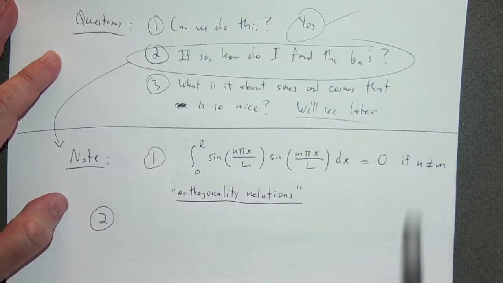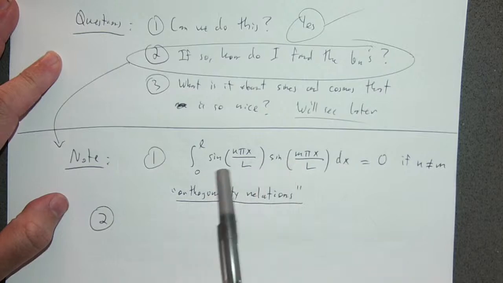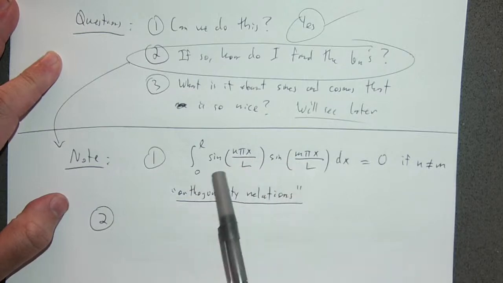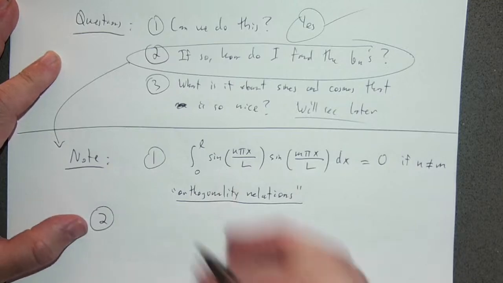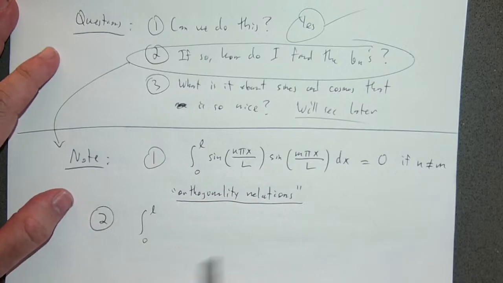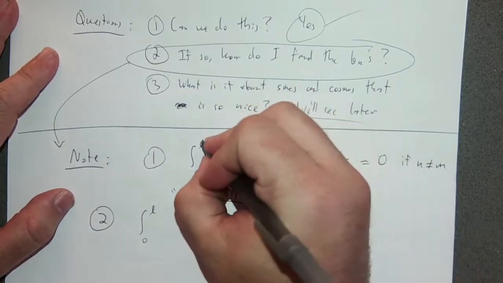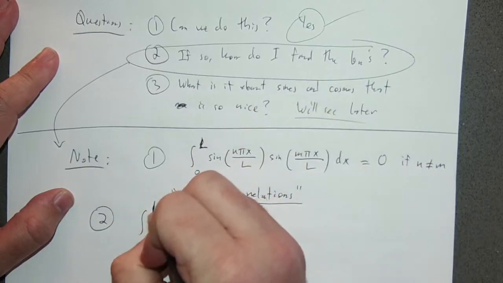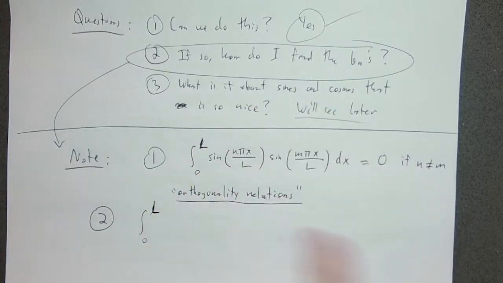And secondly, what if n is equal to m? So what if n and m are equal, so that this is sine of n pi x over L times sine of n pi x over L. So this is like sine squared of n pi x over L. So what is the integral from 0 to L of, I'm using script L in the limit and big L here, that's confusing.